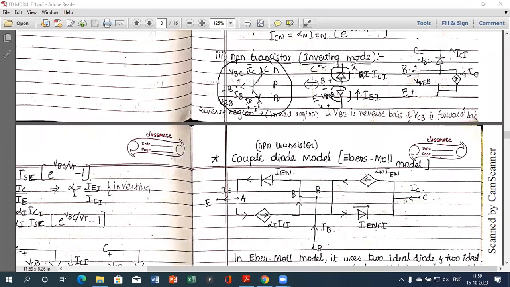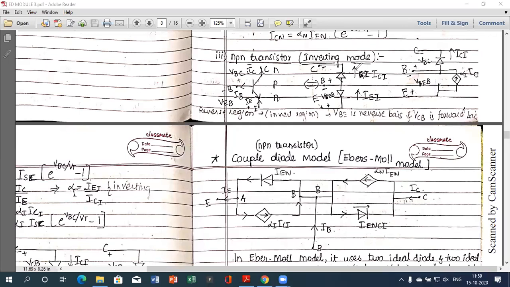Now according to inverting mode, this diode is reverse biased, so here it gets positive, here negative. That's why it is reverse biased. This is positive and this is negative, so we will get this as a forward biased diode now. So exactly opposite for the normal active mode.